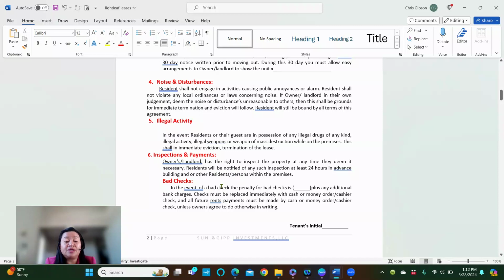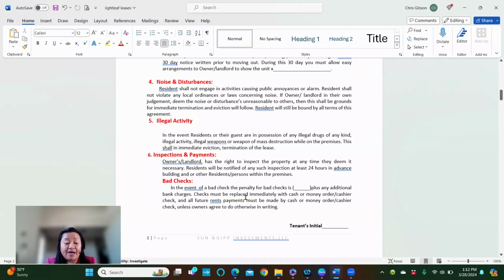Also, sometimes there is a bad check, so we charge $35 plus any additional bank charge. The check must be replaced immediately with cash or money order. Some of our tenants pay by check, and others pay the rent through our Rent 3D app.